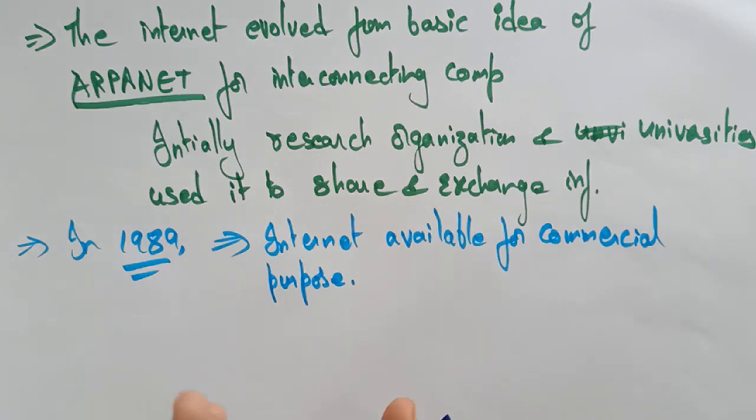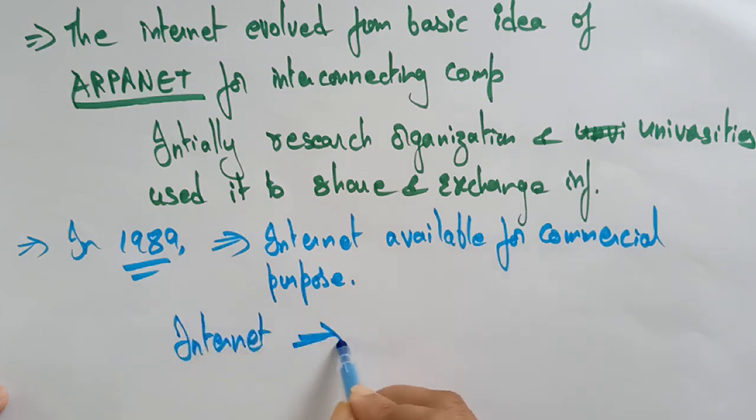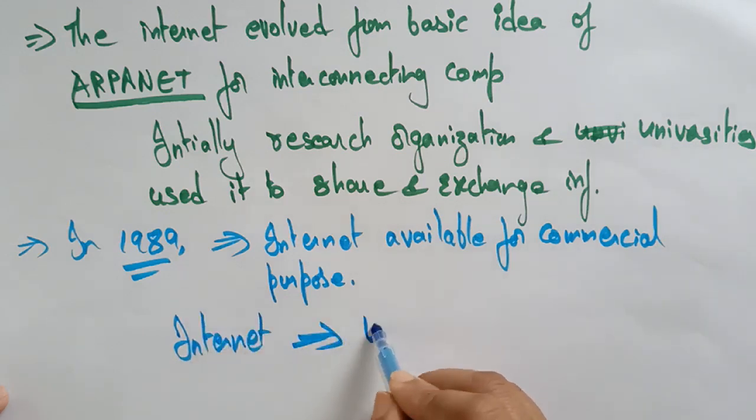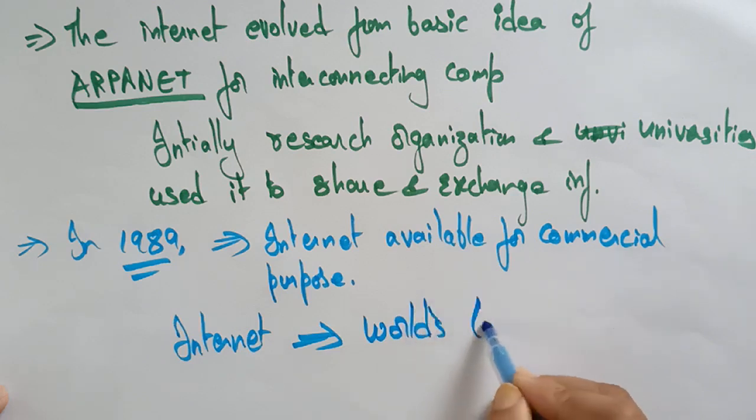So the internet became available for commercial purposes all over the world. Since then, the internet has grown rapidly to become the world's largest network.